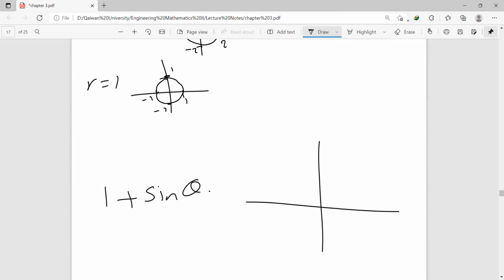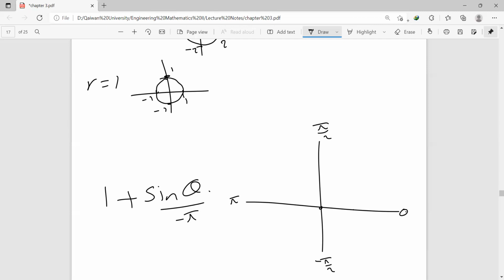Here, at negative pi over 2, the sine function is minus 1, so at here it is 0. How about at 0? This is where theta is 0. This is pi over 2. This is pi. This is minus pi over 2.